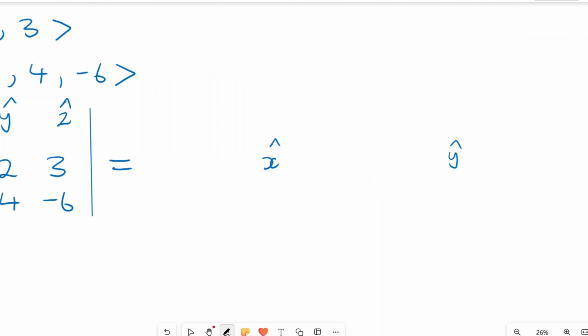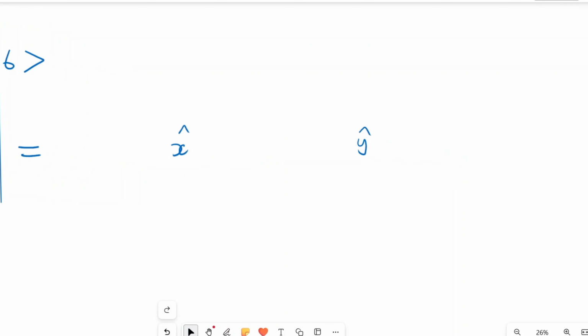In other textbooks you will see i, j, k, basically the same thing. So you put x hat, y hat, and z hat. So you're going to put this one plus something plus, you write like this.